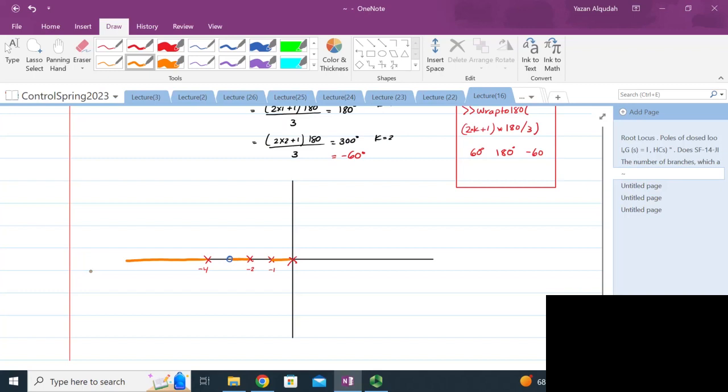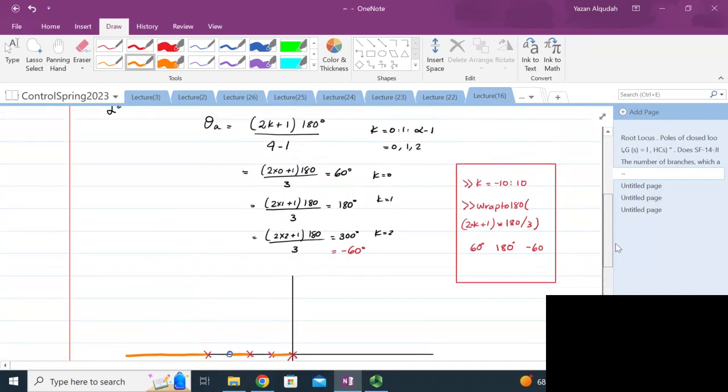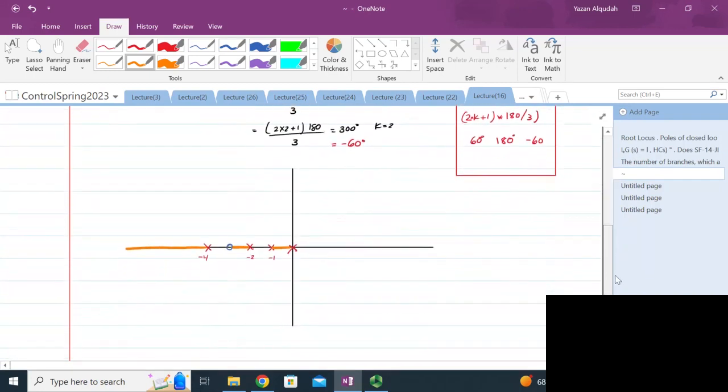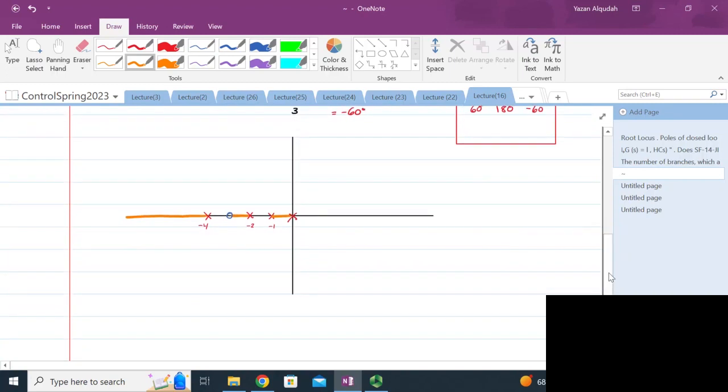We'll plot it. Whatever this is, I know that I have three asymptotes, and these asymptotes are going to meet at -4/3, which is what we calculated, which is -1 1/3. So -1 1/3 is this point here that you cannot see.